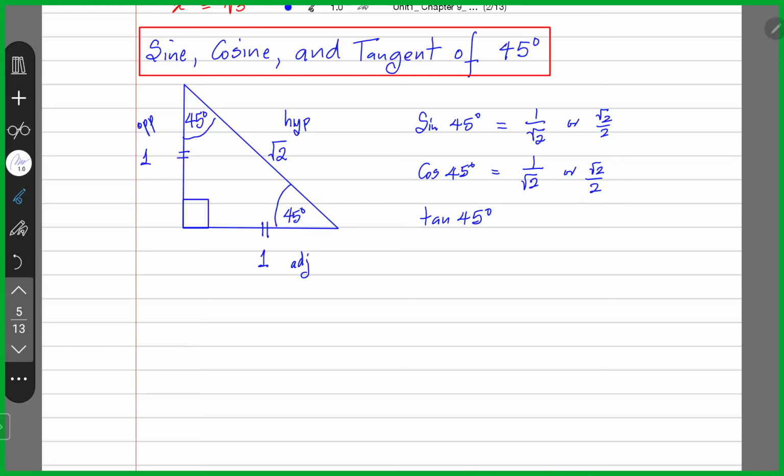So the sine and cosine of 45 degrees are the same. The tangent of 45 is opposite 1 over adjacent 1. The tangent of 45 degrees is 1. So you need to be able to say the exact value of the sine, cosine, and tangent of 30 degrees, 60 degrees, and 45 degrees without needing to use a calculator.